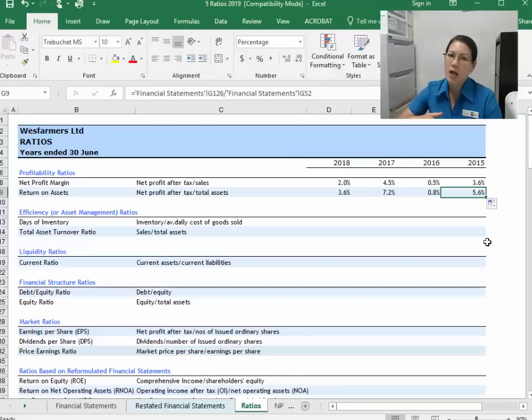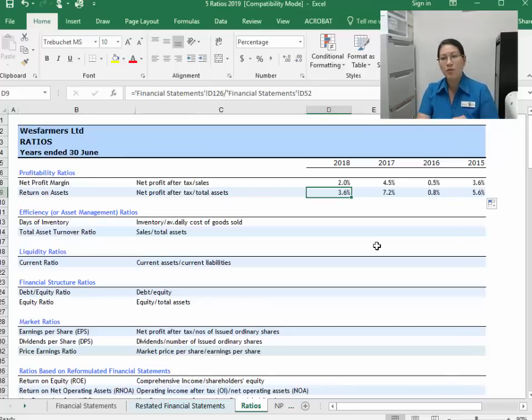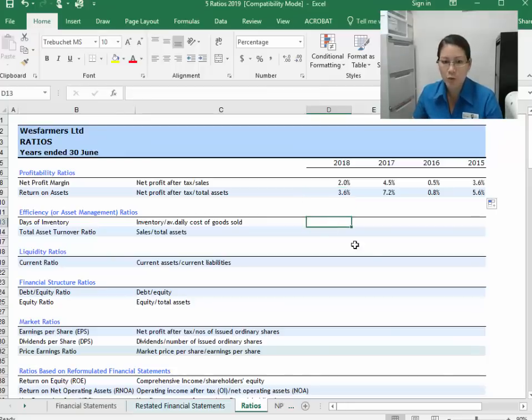The trend is going down, unfortunately. 5.6 cents in 2015 down to 3.6 cents out of every dollar in 2018 turned into net profit from your assets. So again, the trend's probably not that good. So you want to write about all of these. As I explained the theory component in the previous section, make sure you're explaining what's going on here in your Word document.